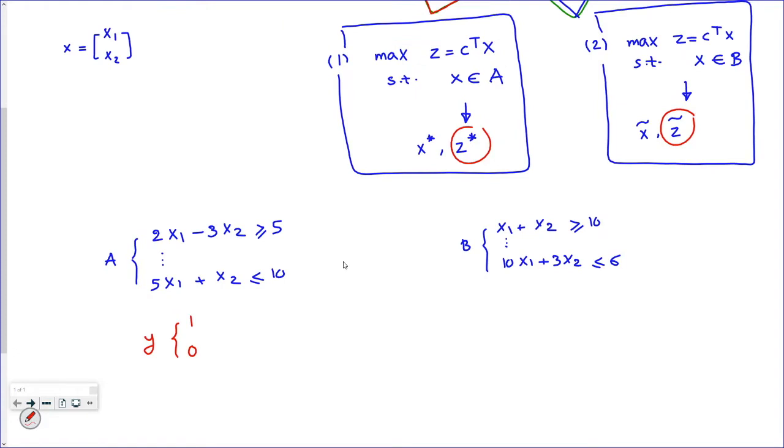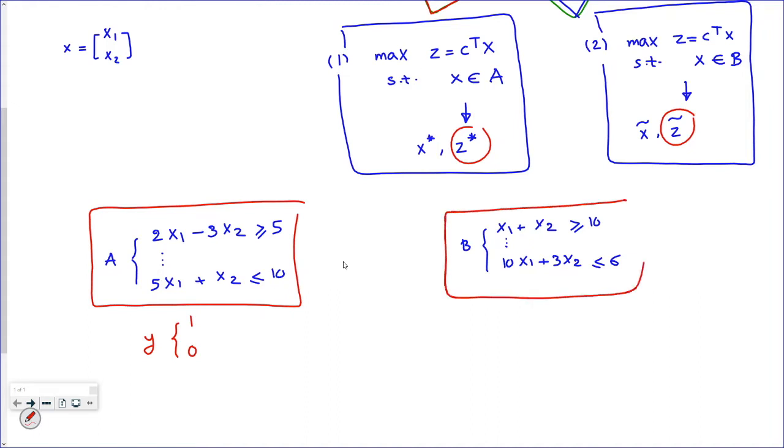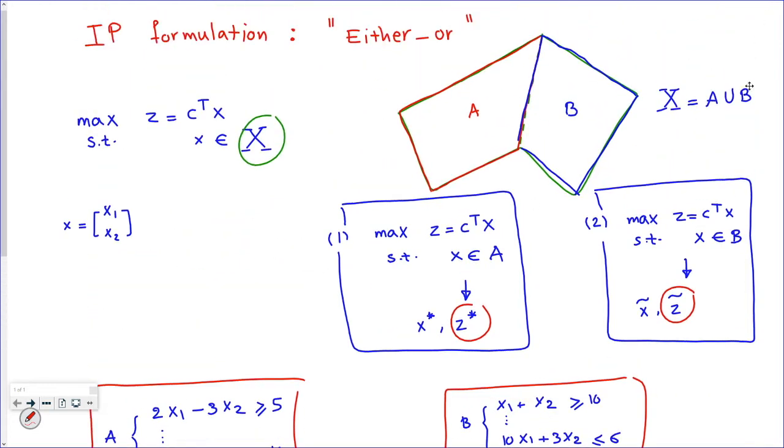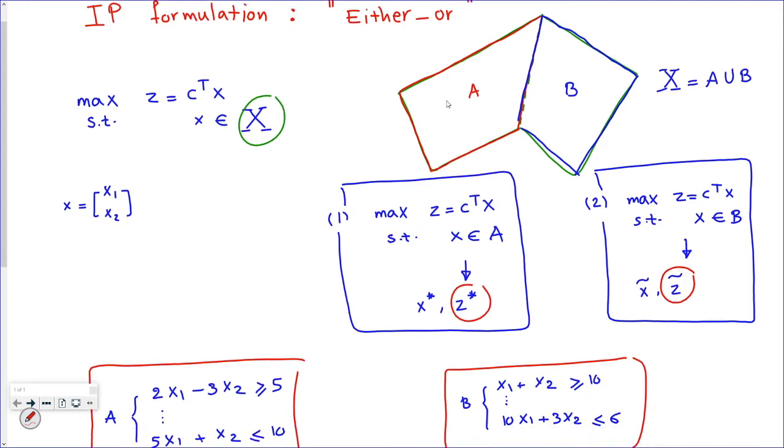The point is, here I have a set of defining constraints for the set A and a set of constraints that define the set B, but I cannot use them simultaneously, right? The constraints defining A act simultaneously and define this region.